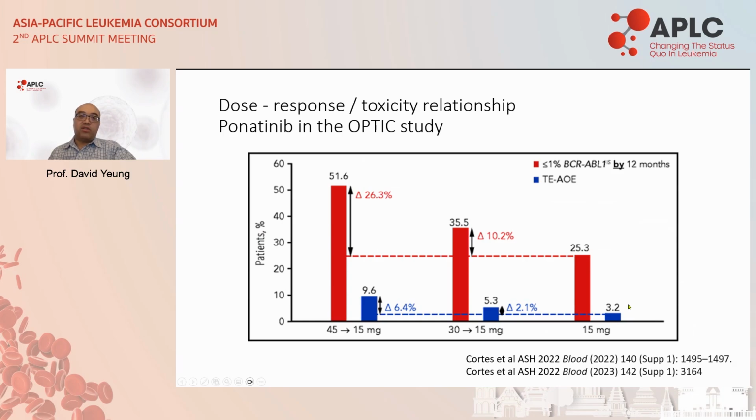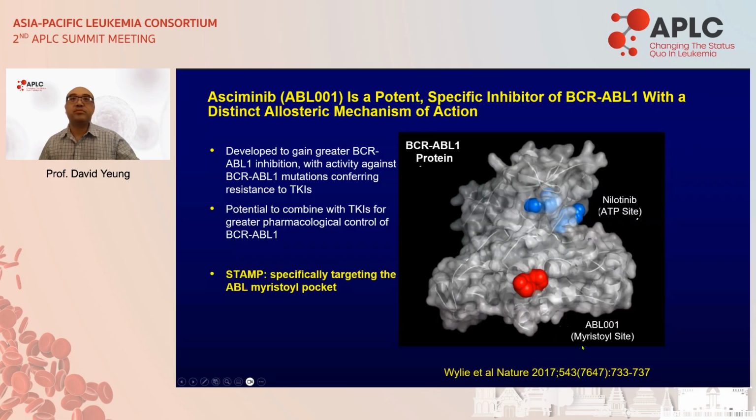So the summary, in my mind, of how to use ponatinib is: assess the risk of your patient in terms of disease progression, how resistant the disease is, versus the risk of cardiovascular event, and pick a dose. Start that dose, and as soon as patients have achieved some kind of response, come down to a dose that would maintain that response. And that's why we thought it to be 15 milligrams.